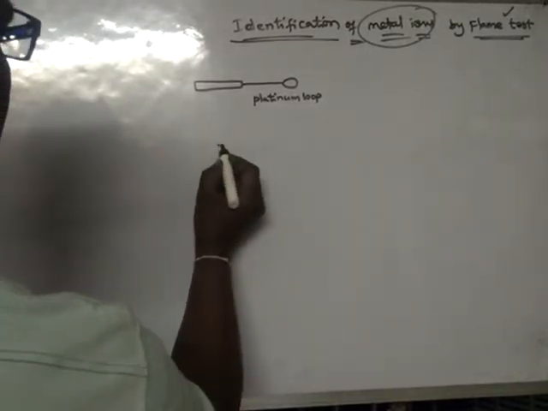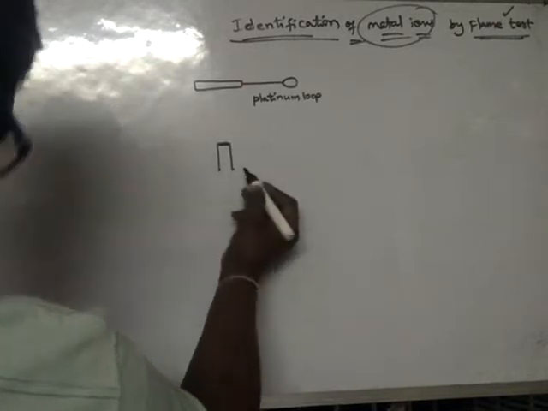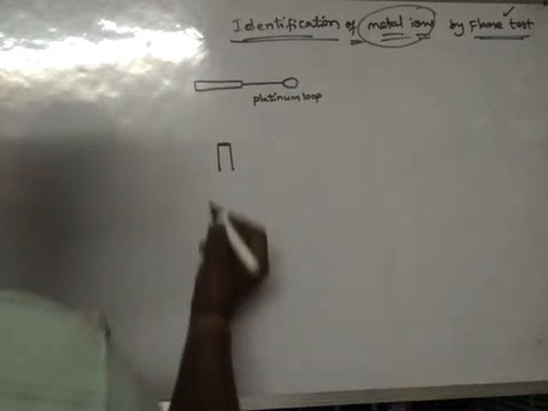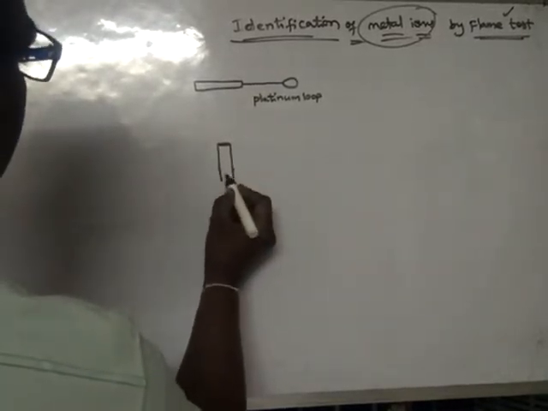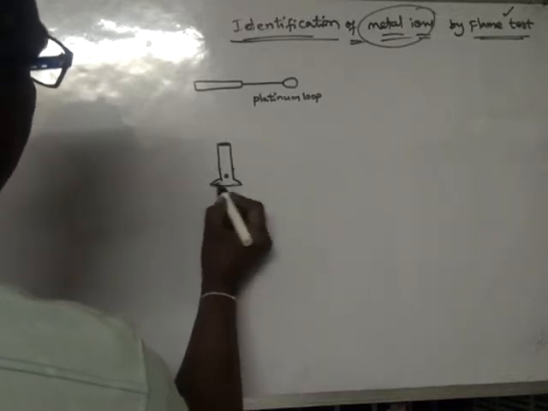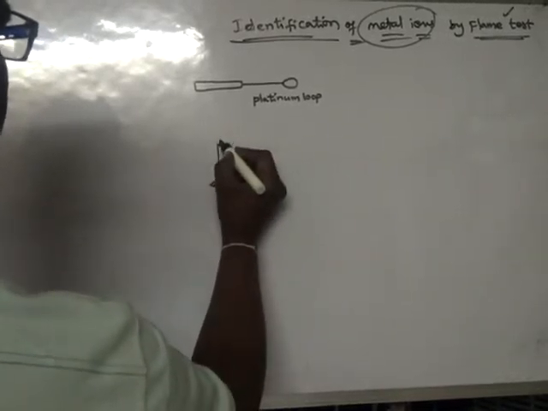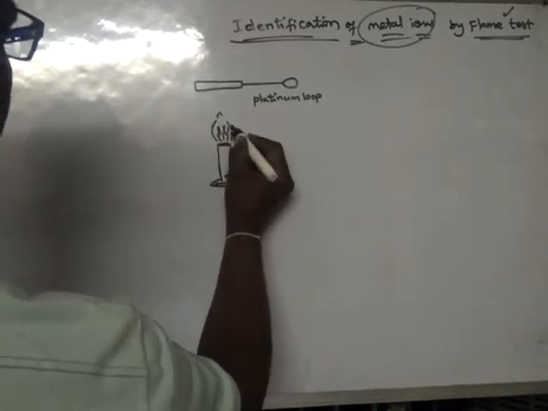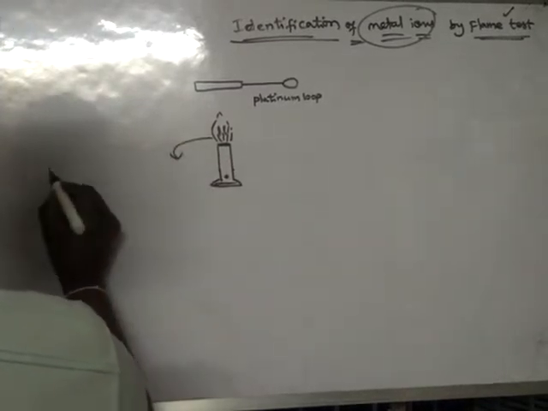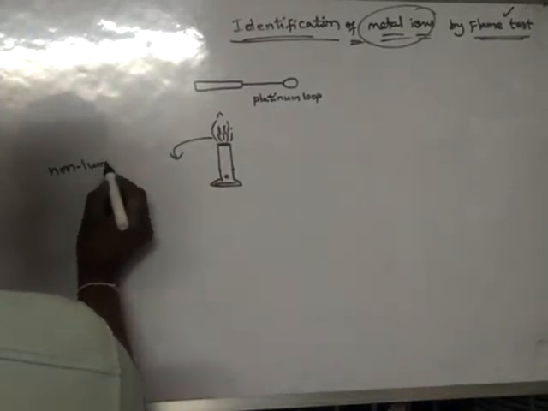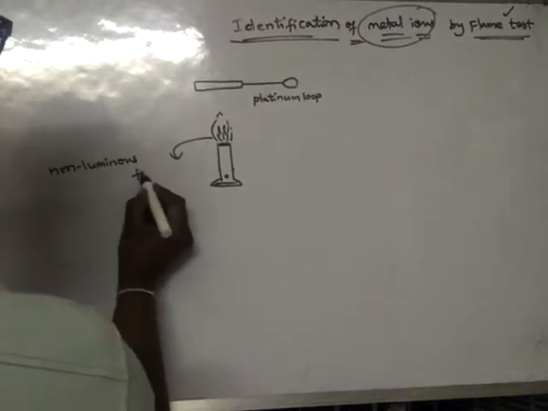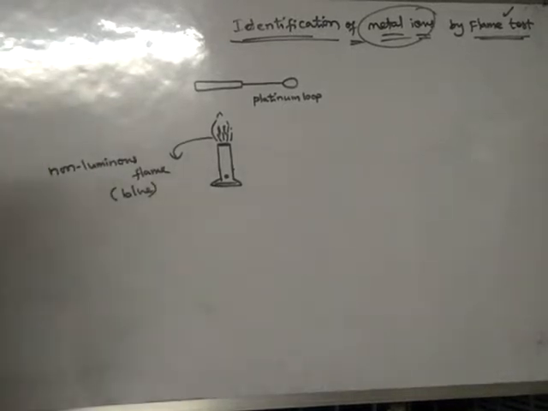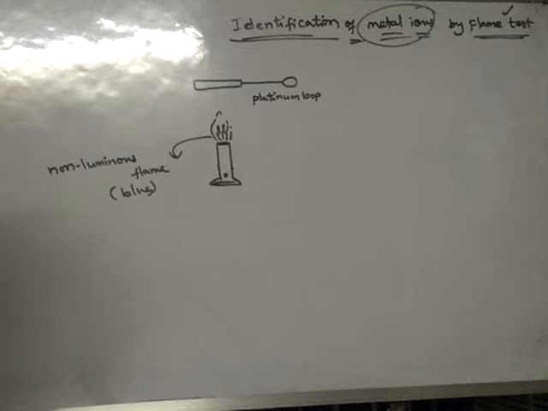First we have to take a Bunsen burner, which is available in the laboratory. This Bunsen burner will produce a non-luminous blue flame, the flame which contains more energy.